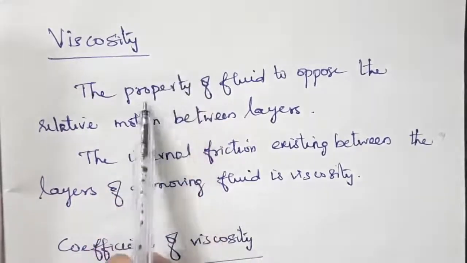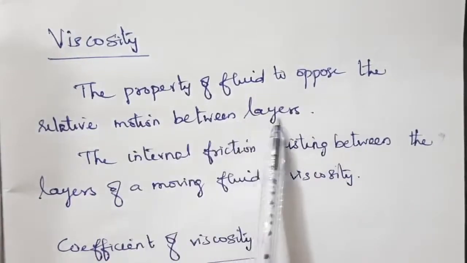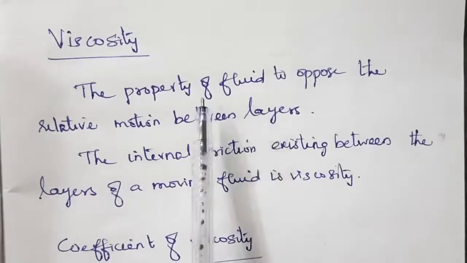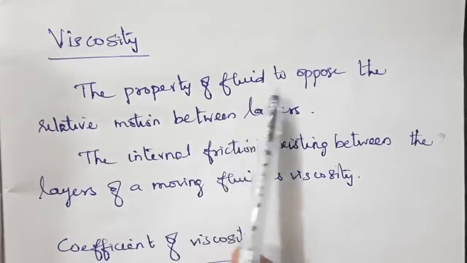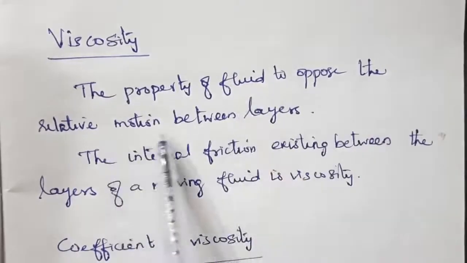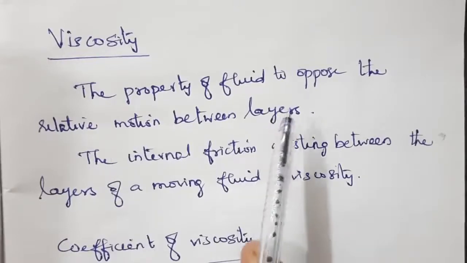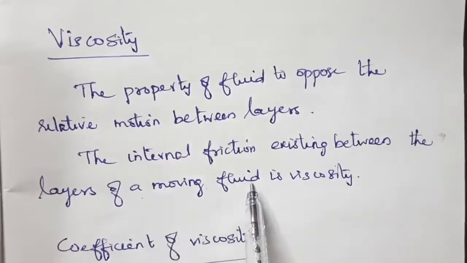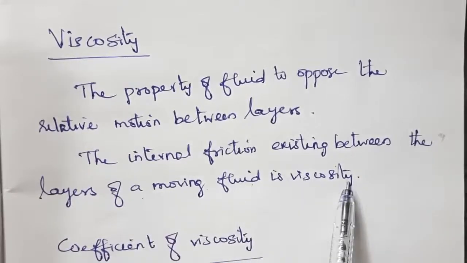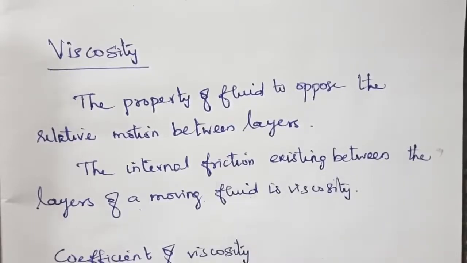Viscosity is defined as the property of a fluid to oppose the relative motion between its layers. That is, the internal friction existing between the layers of a moving fluid is viscosity.